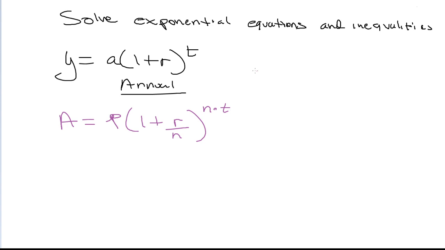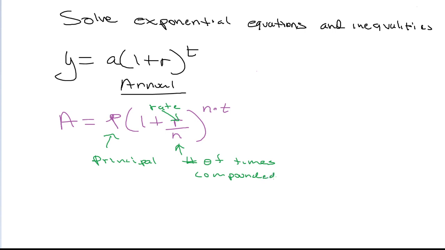And by the way, before I move any further, P stands for principal, or we can also say initial amount. R stands for rate, again rate in decimal form. And the n stands for the number of times the amount is compounded in a year.